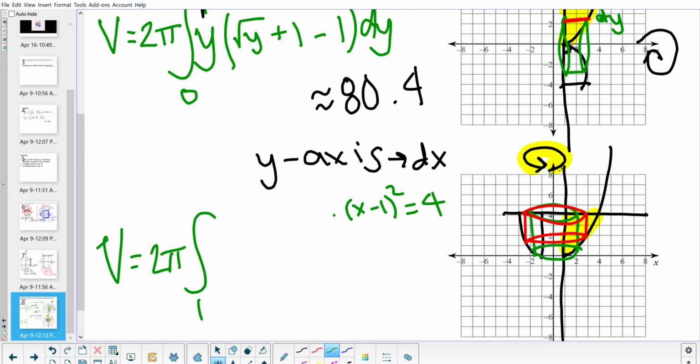If I take the square root of both sides, I've got x minus 1 equals plus or minus 2. There we go, x minus 1 equals 2. So that would be when x is equal to 3.